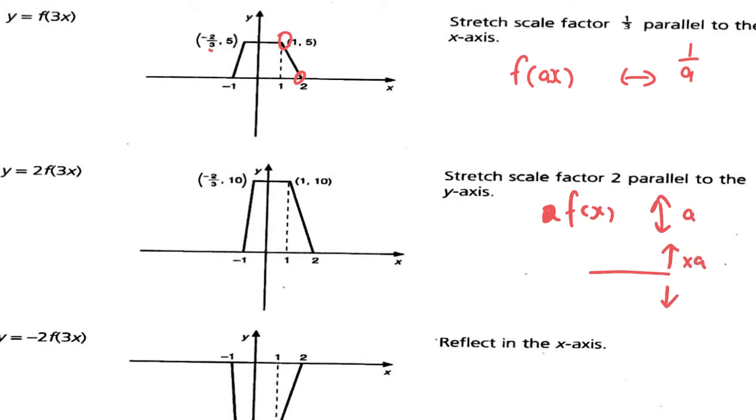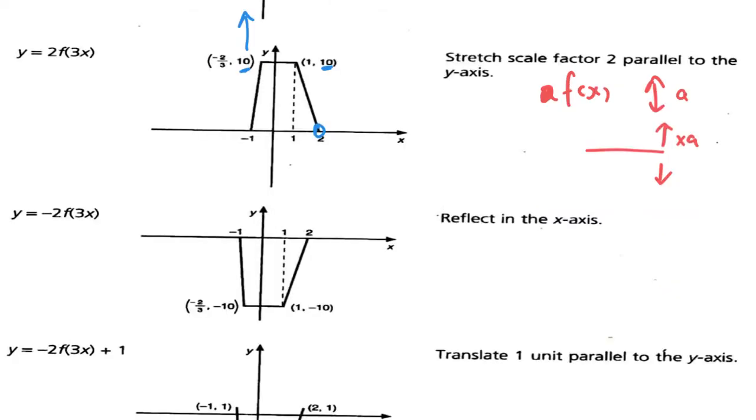Now we don't have anything beneath the x-axis, but what we can see is that the coordinate (2/3, 5) has been stretched up to (2/3, 10). (1, 5) has been stretched up to (1, 10). (2, 0) has stayed the same because we're stretching it from the x-axis, and it's the same with the point (-1, 0). So we're stretching all the y values by a factor of 2 in this one.